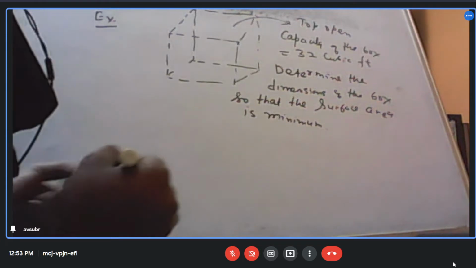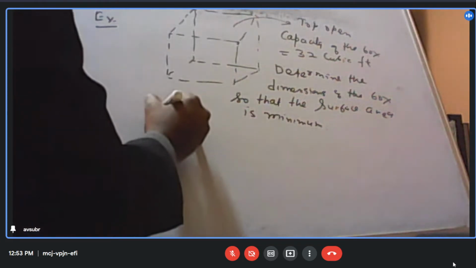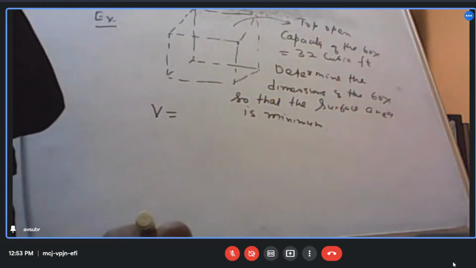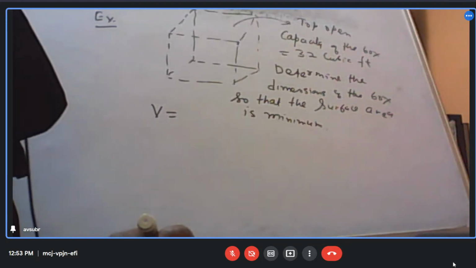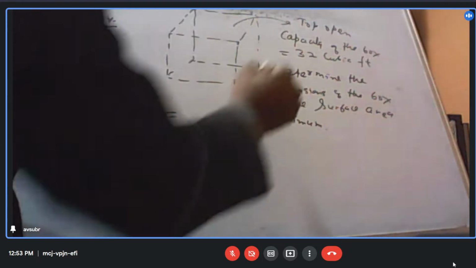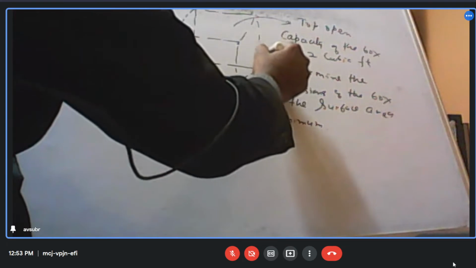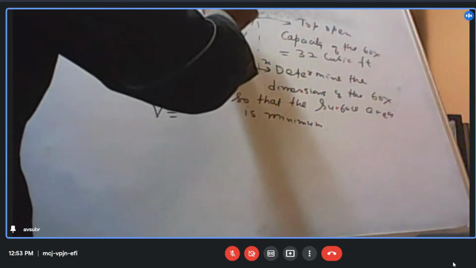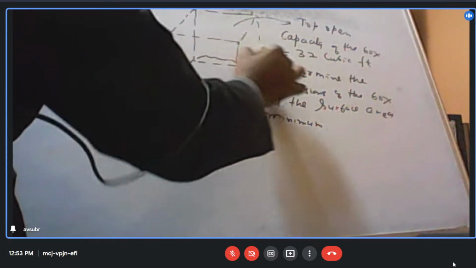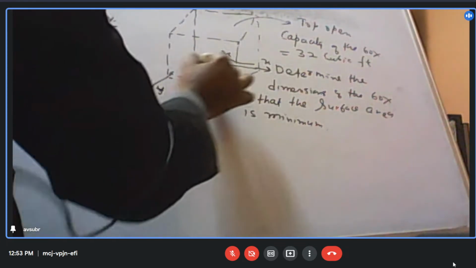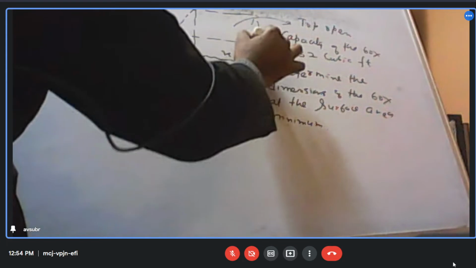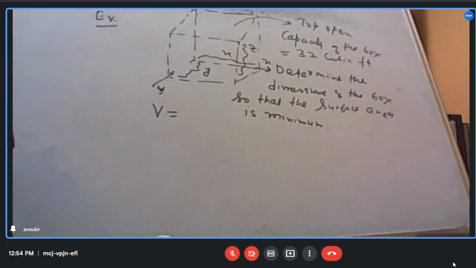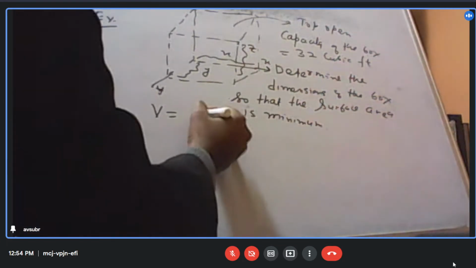Let us see. Already it is given to us that volume is 32 cubic feet. So if I say that in this direction this is x, this is y, and this is z, what will be the volume of this one?